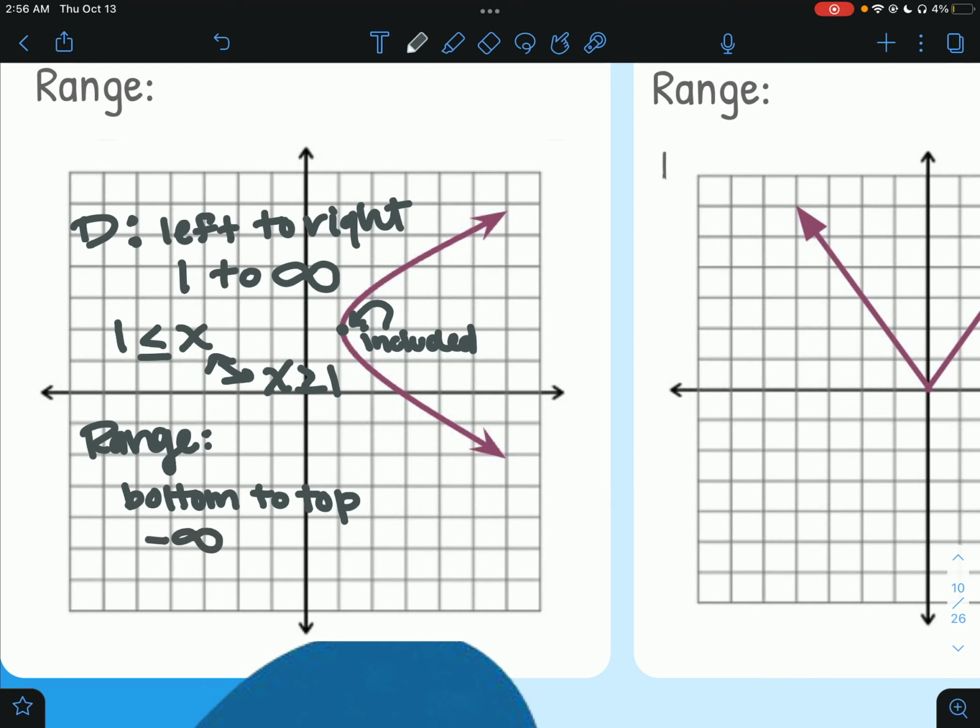So we'd say negative infinity to. Do the same thing for going up. Our highest point is also an arrow. It's going to keep going to infinity. Here we just say infinity because it is positive. So from negative infinity to positive infinity. We just talked about that; we would call that all real numbers.